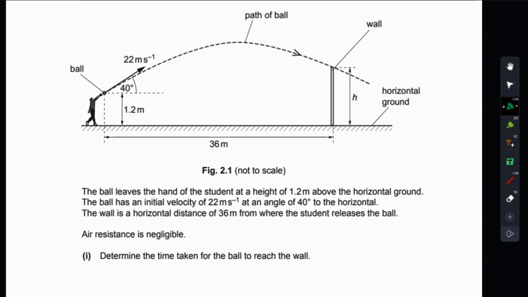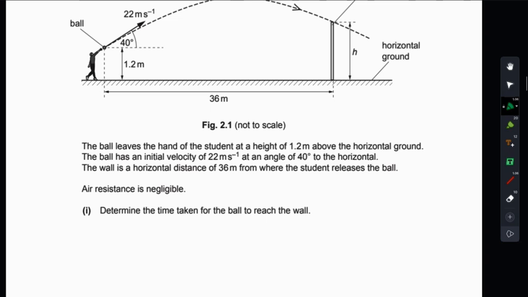So we are given the horizontal distance, which we can treat as the range, x at any given point. x is equal to u t cos theta.